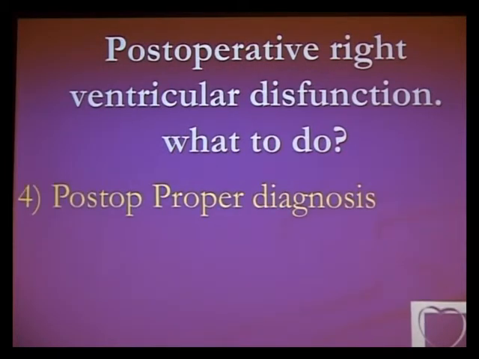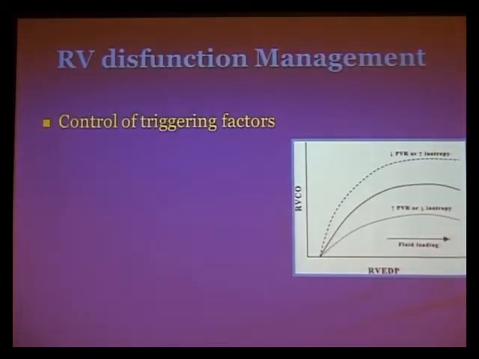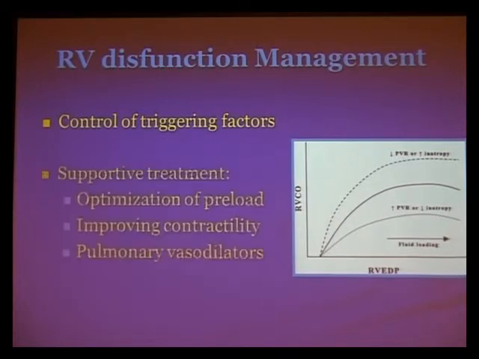And of course, postoperative proper diagnosis, and this was the subject of Dr. Cherin's presentation, and treatment. Treatment means controlling the triggering factors, of course, to have a good preload.